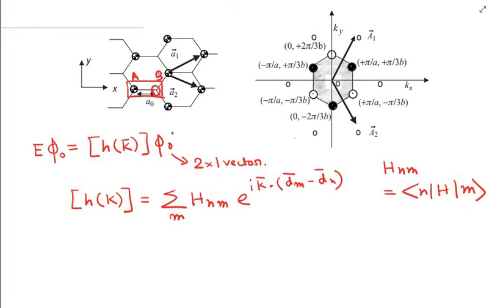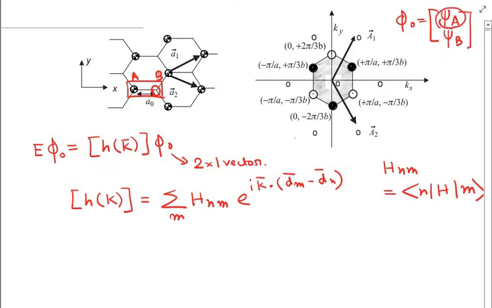When we write phi 0, this is a 2 cross 1 vector, which we write as psi A and psi B at any given unit cell. This is the wave function of atom A and this is the wave function of atom B. Now note that if we consider this unit cell, the nearest neighbors to this atom A are this atom, this atom, and this atom.